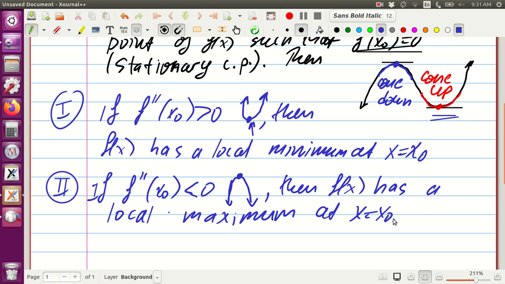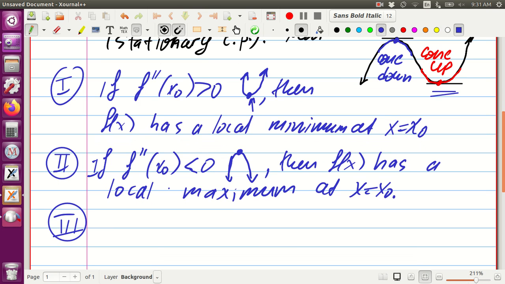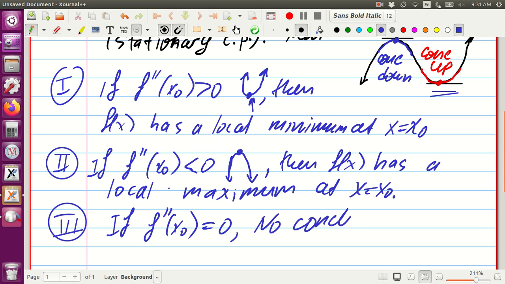Unfortunately, in this theorem, there is a third part which I haven't discussed yet, but let's look at what this third part is. What if f double prime at x sub 0 is equal to 0? Unfortunately, no conclusion can be made, right?